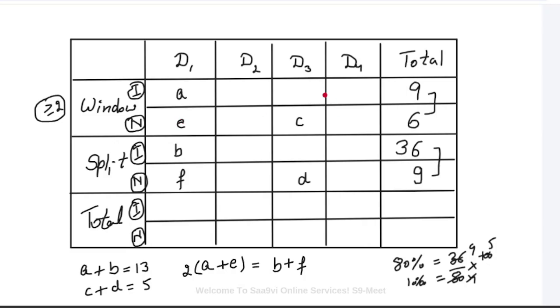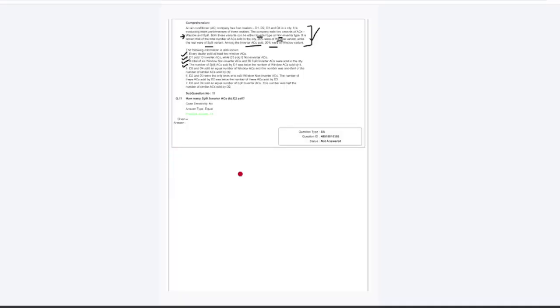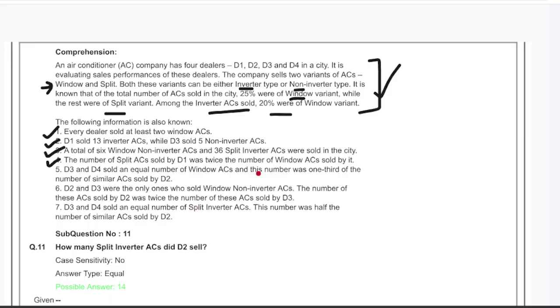That means these numbers are going to be equal. So if I write this as G, H, I, that means C plus G is equal to H plus I. Then it says this number was 1/3 of the number of similar ACs sold by D2.